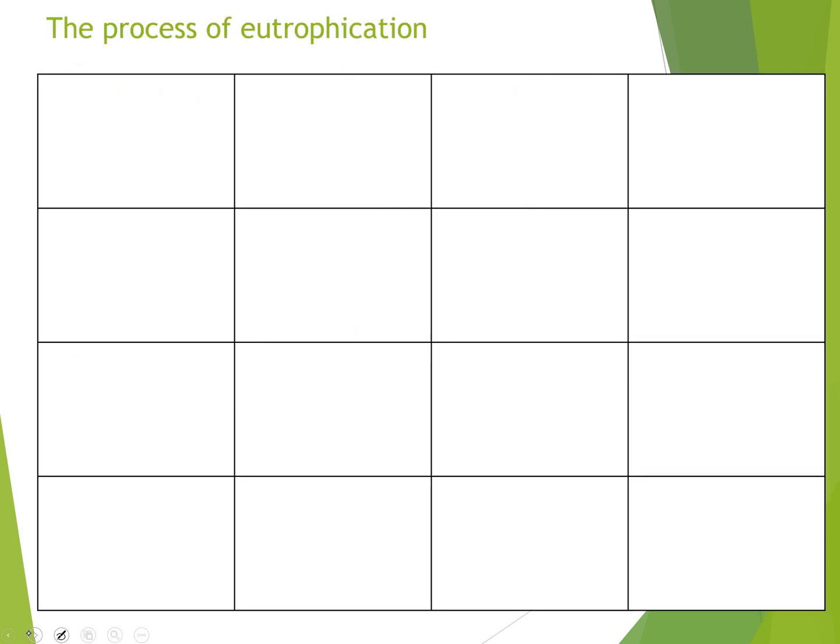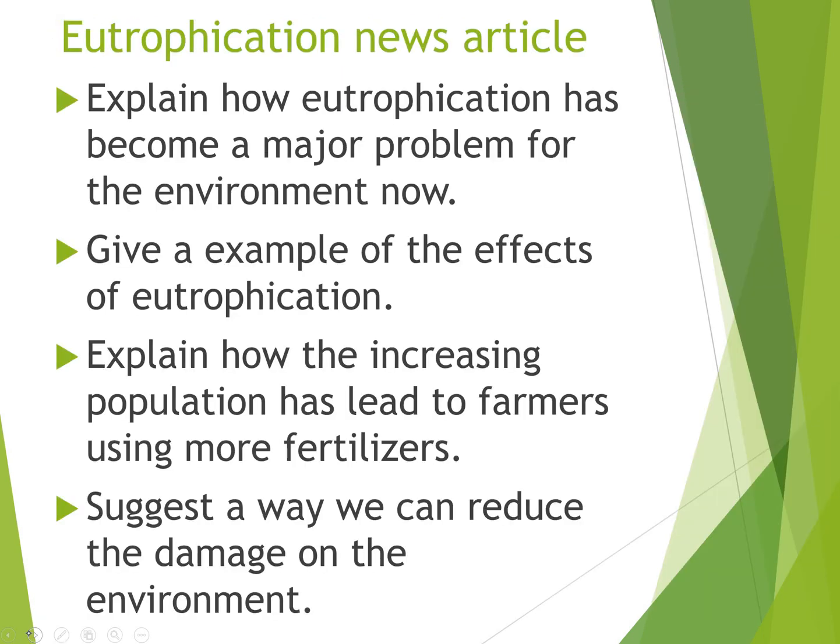The third task, if you decide to do this one instead, okay, is the news article. I want you to explain how eutrophication has become a major problem for the environment now, to give me an example of the effects of eutrophication, to explain how the increasing population has led to farmers using more fertilizers, and suggest a way we can reduce the damage on the environment, okay?